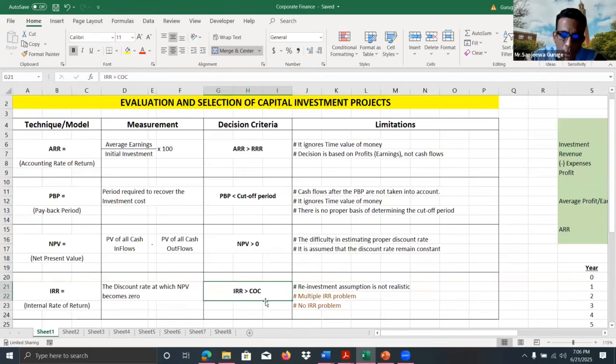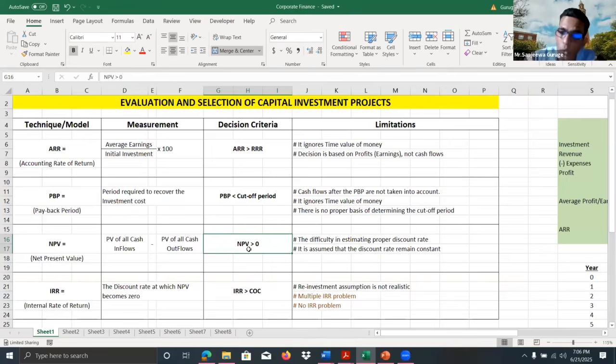If the NPV is zero at IRR, and the cost of capital is less than that, then definitely NPV is positive. So IRR greater than the cost of capital of a project means NPV is positive, which means there is no conflict between the decisions given by the NPV and IRR techniques.